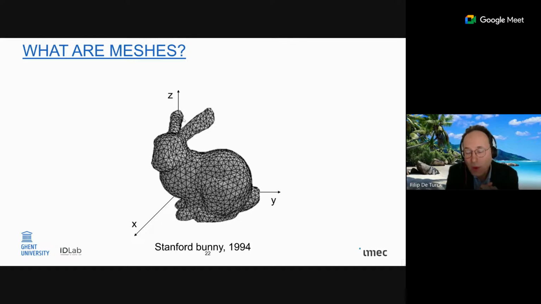And then we can have small triangles, and then we have a high quality representation. And if we have bigger triangles, then we have a lower quality estimation of the objects. So by changing the size of the triangles, we can adapt the amount of data that we need and also the quality of experience that corresponds to the object.